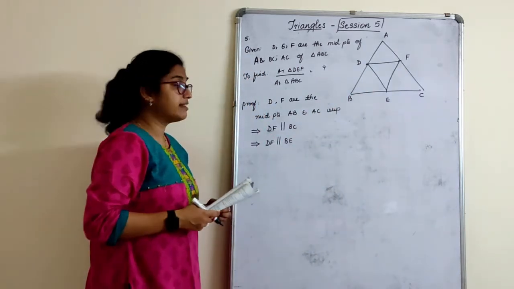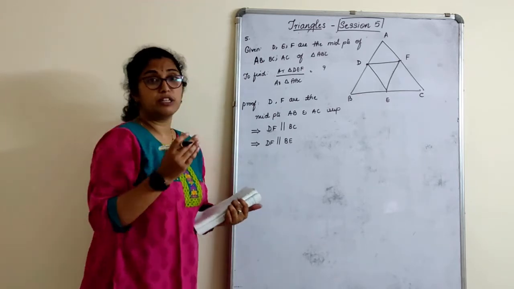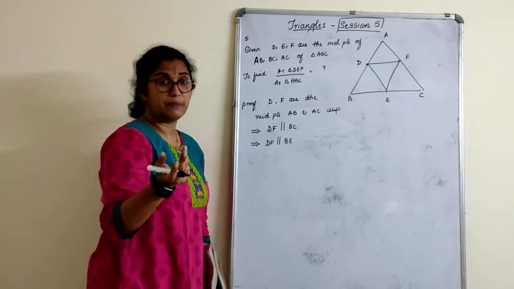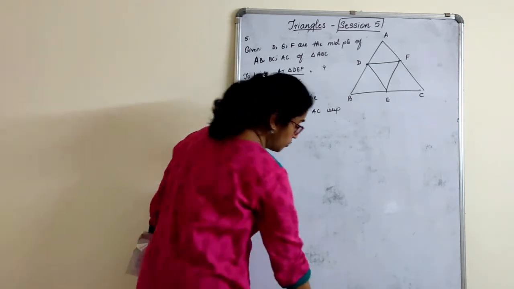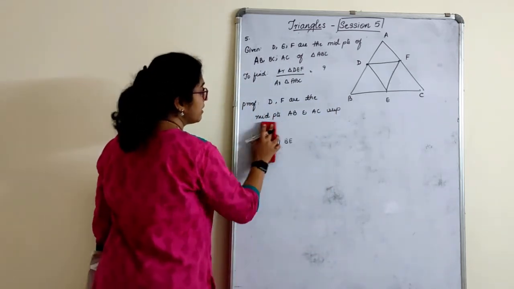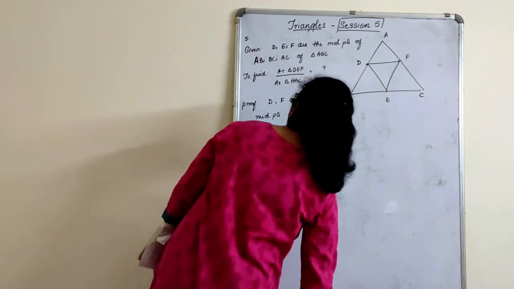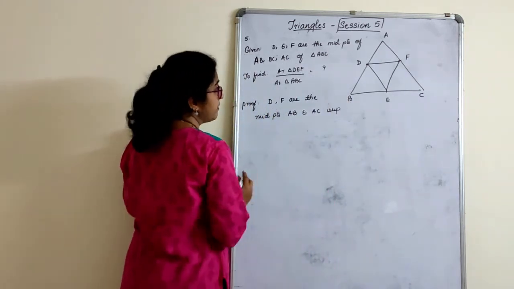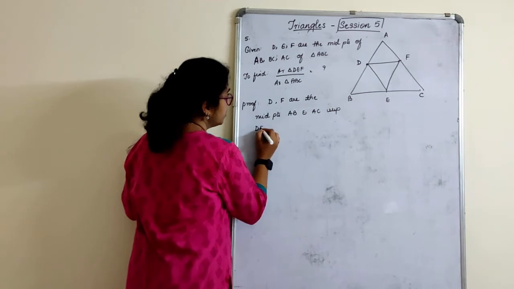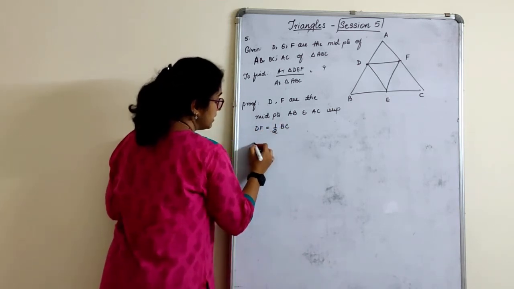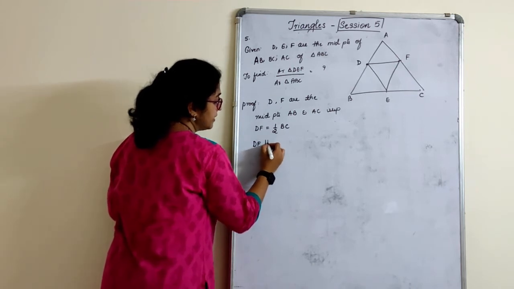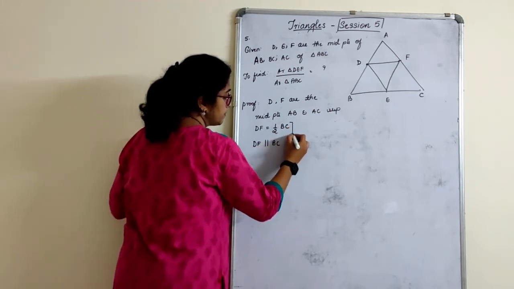We need to only prove that it's a parallelogram, and we can prove that by parallel sides only. Or we can mention it very clearly here. D and F are the midpoints of AB and AC respectively. So DF is equal to half BC and DF is parallel to BC.